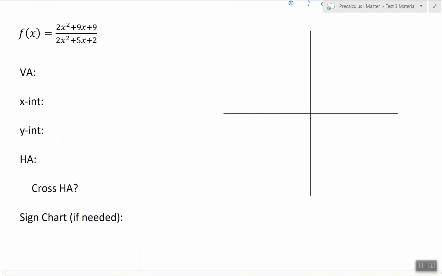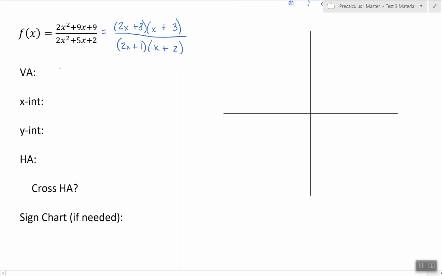Alright, this next one, we've got a bit of factoring to do first. We're going to get it into factored form. So let's say we've got a 2x and an x, and a 3 and a 3, a plus and a plus. And the denominator, a 2x and an x, a 2 and a 1, plus and plus, and that gives me everything I need.